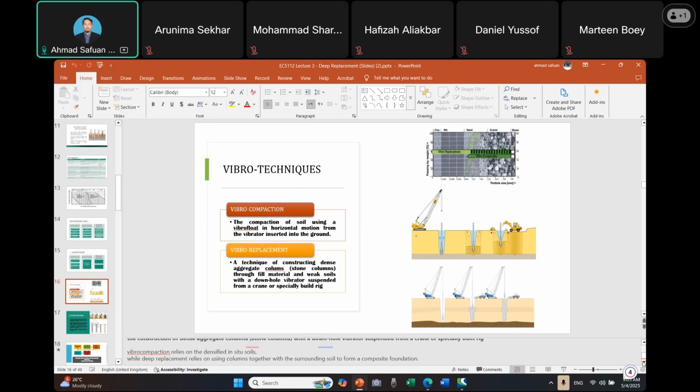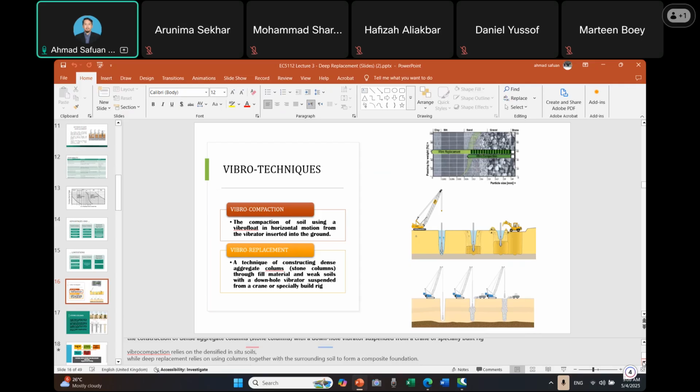So the vibro compaction relies on how they densify the existing soil, while for the vibro replacement, they rely on the use of columns. This means that in vibro compaction, they compact the existing soil and improve it by adding any granular material during the compaction process.